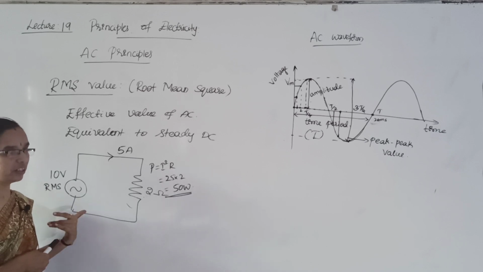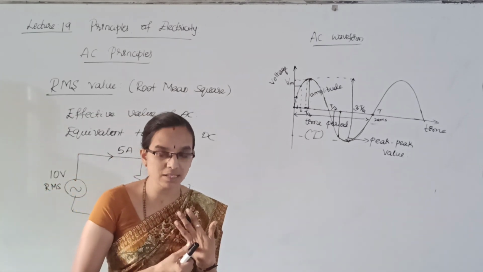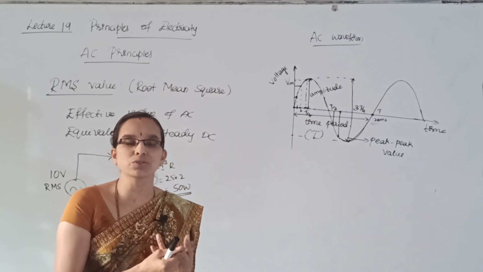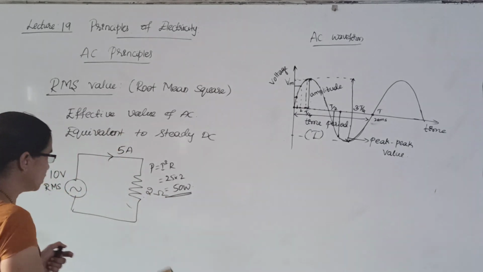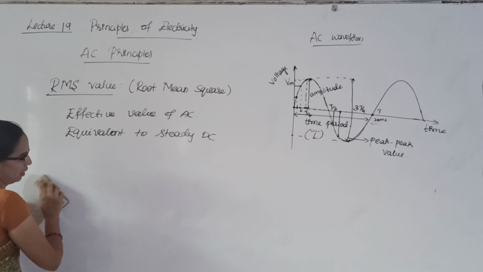Okay, the same effect will be there. That means RMS value of an AC quantity gives us the equivalent effect of the same amount of voltage, DC source connected. Okay, so in most of the cases we will use the RMS values.